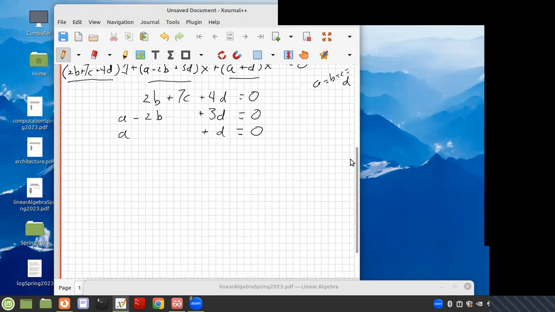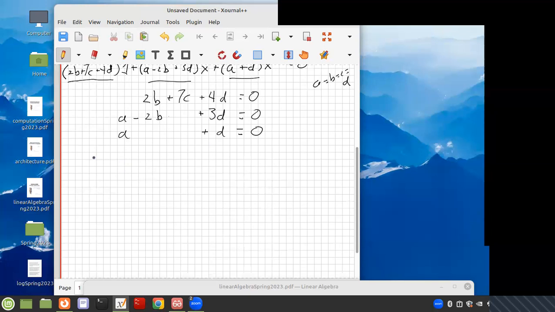But I'm actually not going to get there, because I have 4 coefficients. When I solve this system, only 3 variables can be leading because I only have 3 rows. So 1 variable is going to be free.